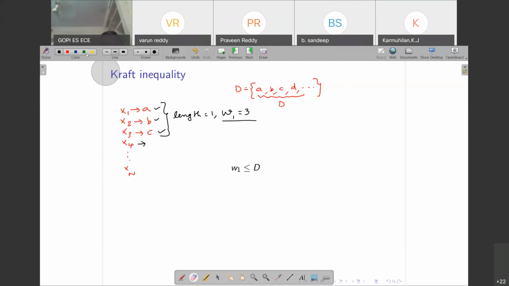Now I am going to look for this W2. How many messages can I have with length 2?